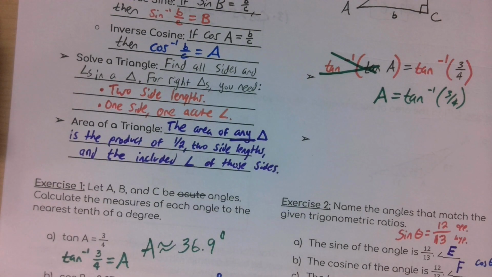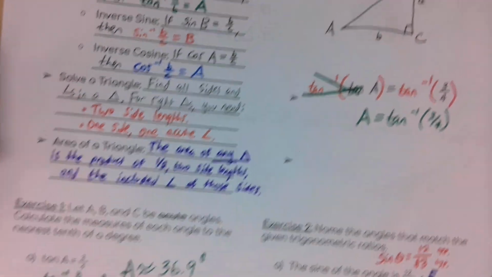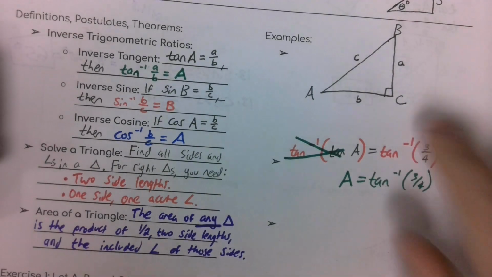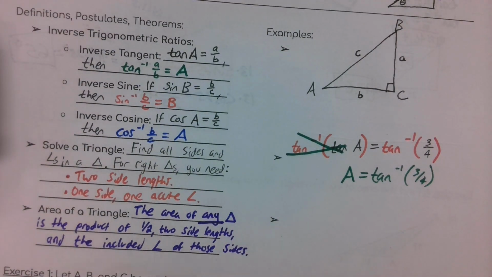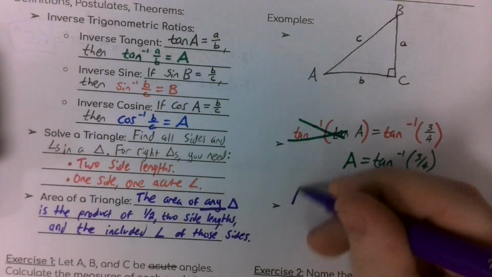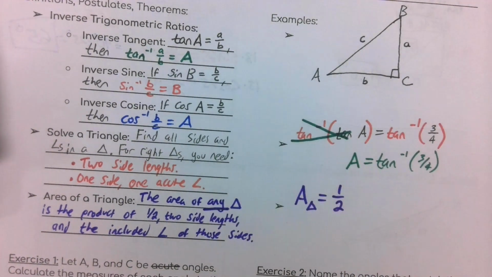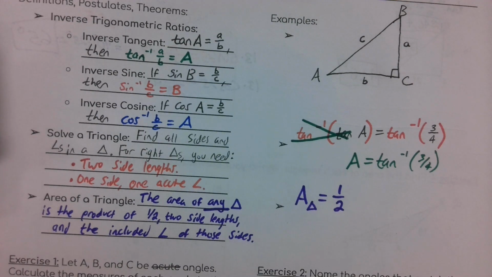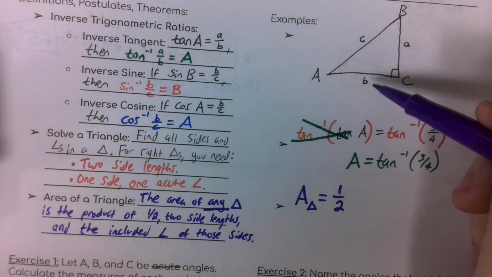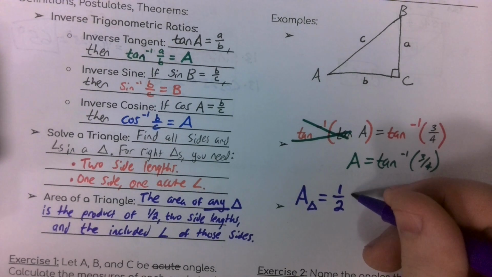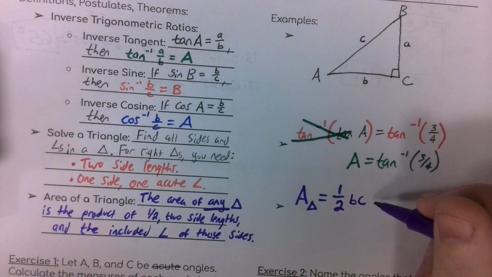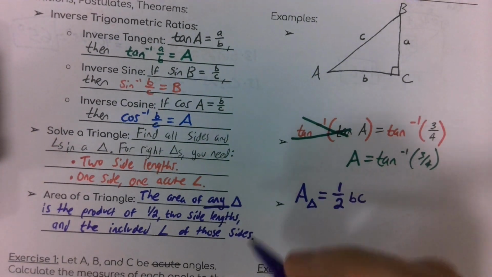Mr. Strager, what on earth are you talking about? Well, let's take a look back at our big triangle up here. The area of a triangle equals 1/2. And instead of the base, we can use any letters we want. We just need 2 sides. Let's say I wanted to use sides B and C. Whoops, I'm sorry.